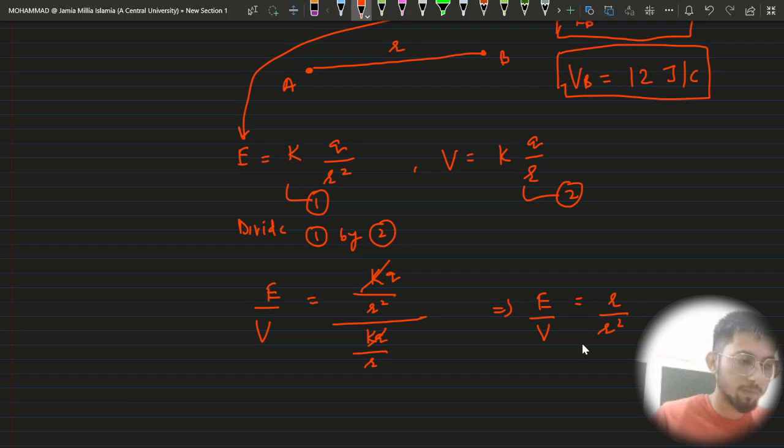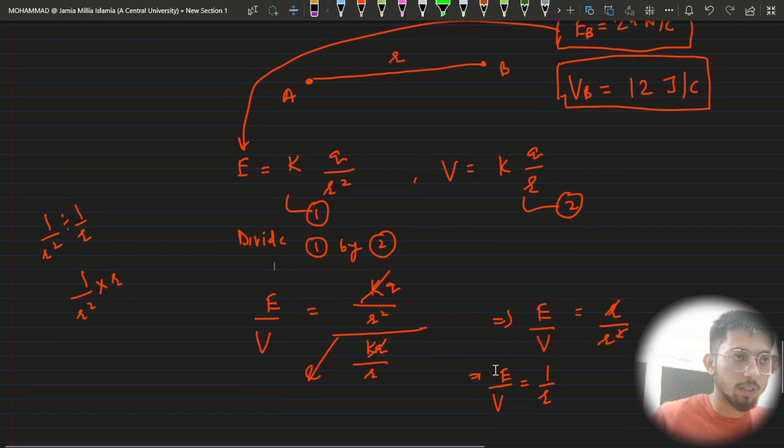Because this is 1 by R square, divided by 1 by R, this is the whole fraction, so you will get R by R square. This gets cancelled. So E by V will be 1 by R. Now you know E, you know V. You can substitute it here.